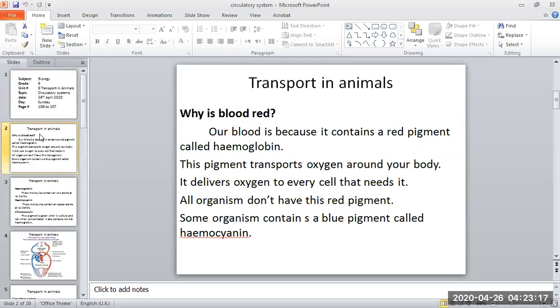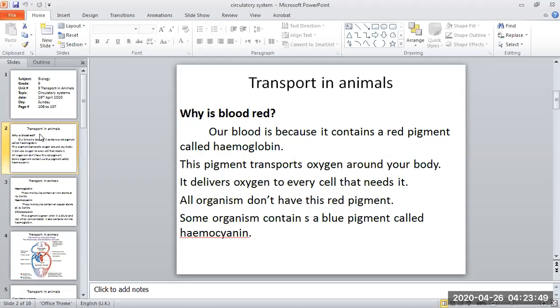Why is blood red? Our blood is red because it contains a red pigment that is called hemoglobin. This is a red cell and some kinds of cell in our blood. The red cells in our blood contain hemoglobin, and because of this the color of our blood is red.